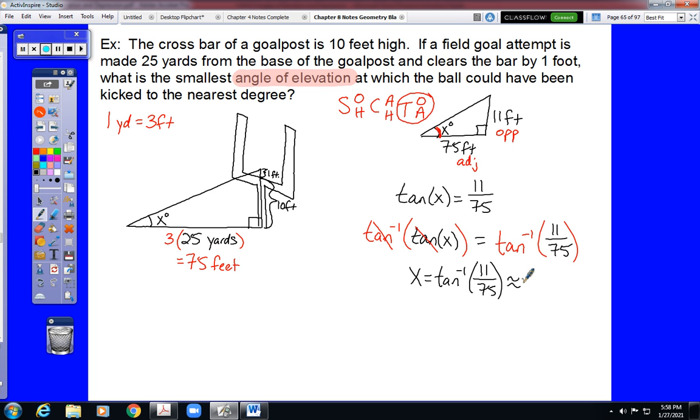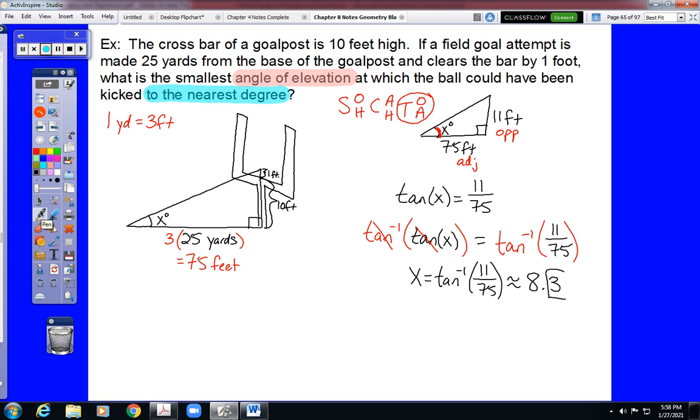So we're going to feed that to our calculator. We're going to hit second tangent, and in the parentheses, we're going to type 11 divided by 75. That is approximately 8.3. Again, I'm looking at that 0.3 because we are told to round to the nearest degree.